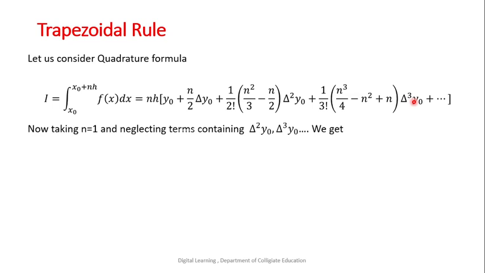Put n is equal to 1 and neglect the higher power terms delta square, delta cube, and so on.